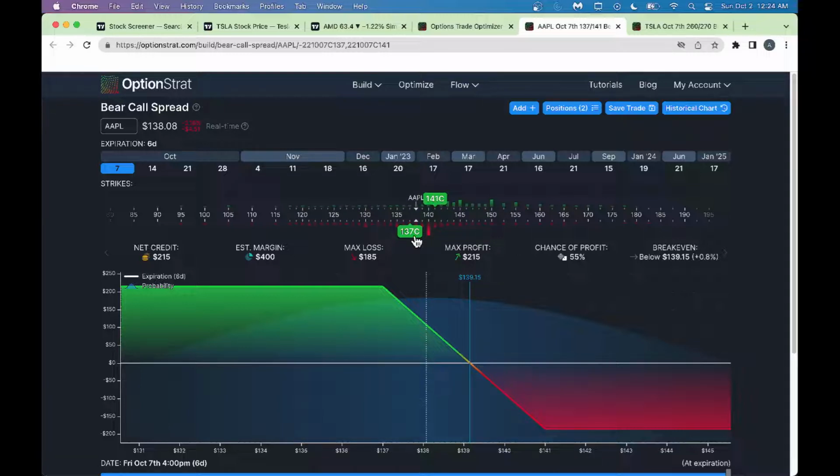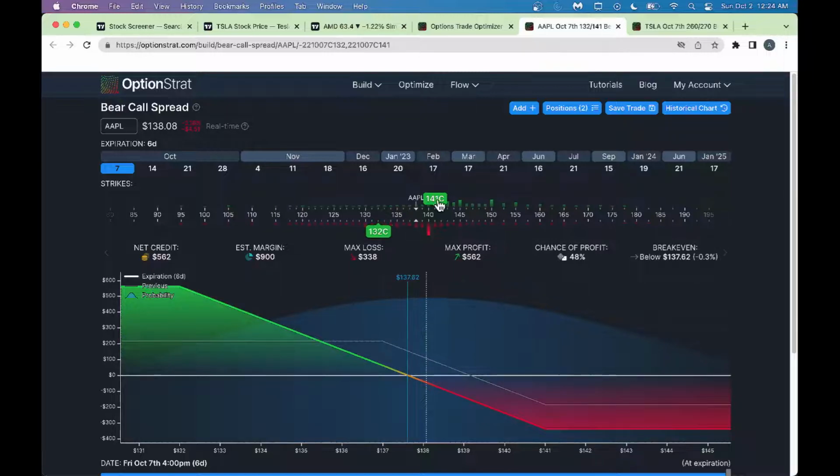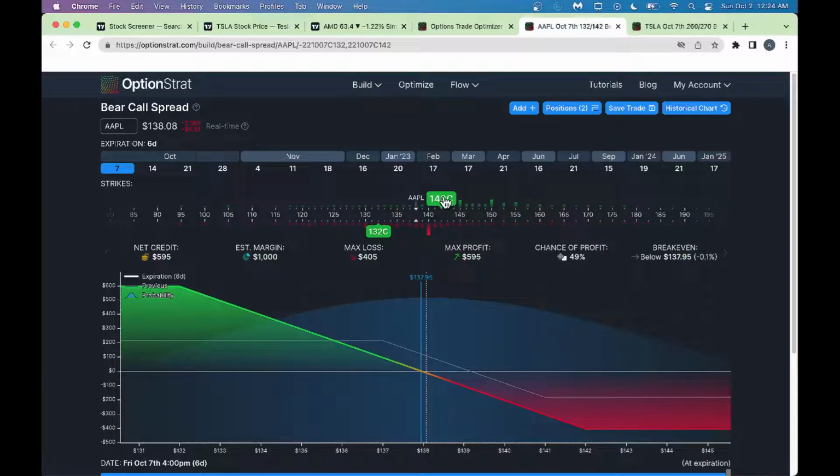So what I would do is really go with a $10 wide spread, so we could make some money here. Instead of 137, I could even go to say 131 here. Now it's a $10 wide spread, as you can see. So you could also do maybe 132, and you could move this slightly to 142. It's again a $10 wide spread.